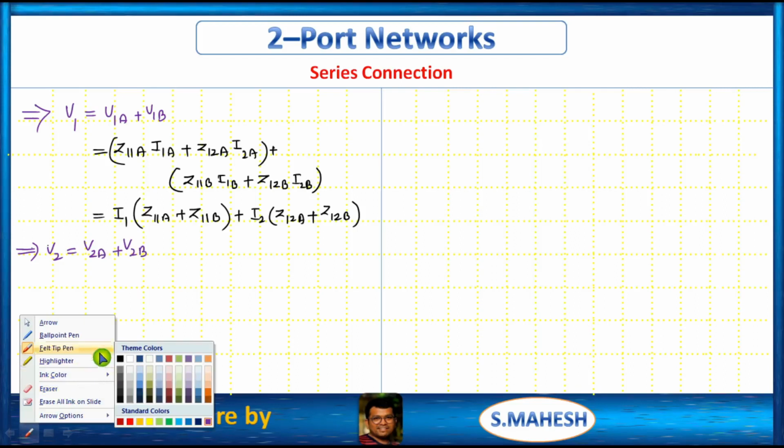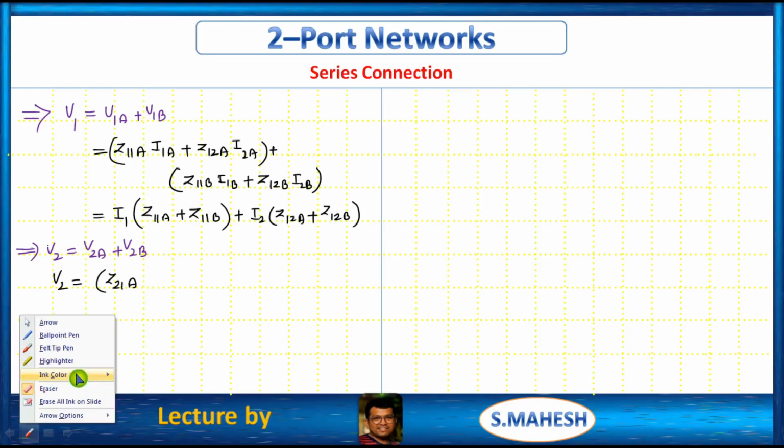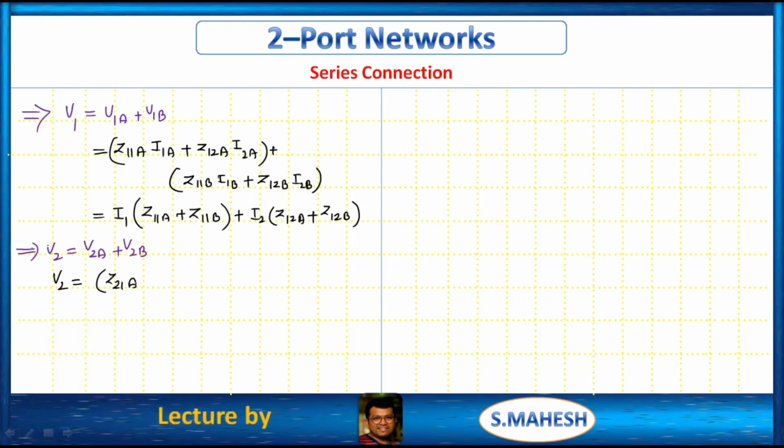From this, V2 equals Z21A I1A plus Z22A I2A, plus, coming to network B, Z21B I1B plus Z22B I2B.